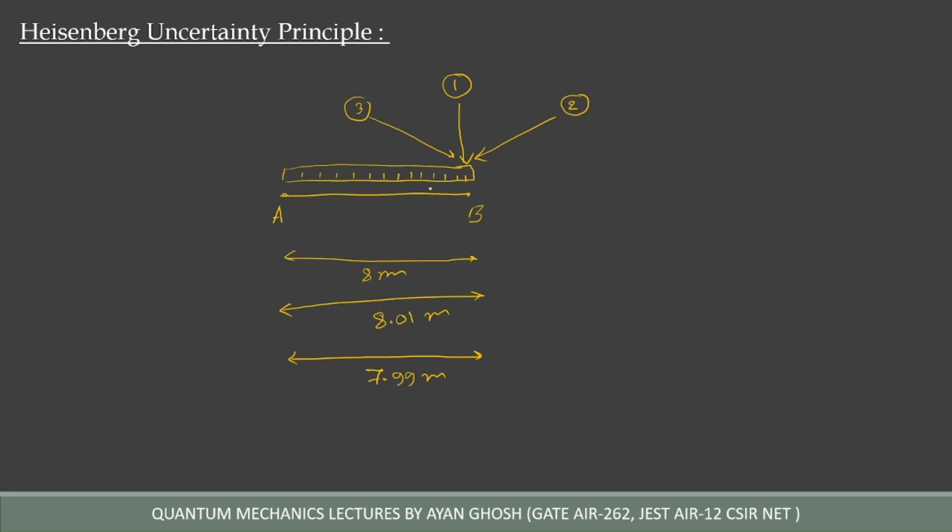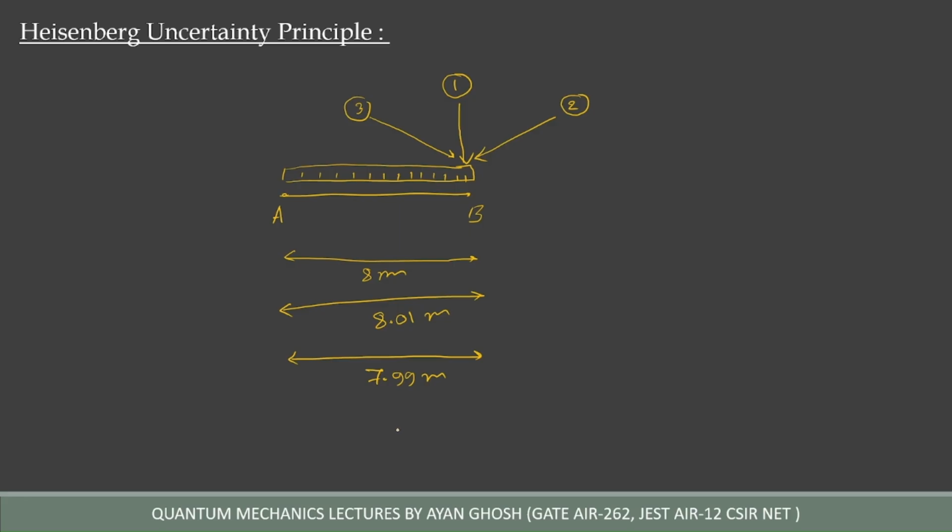So you can see that depending upon the viewpoint, the measurement is changing. Looking from the first point, the measurement gives 8 meter. From the second point, it is about 8.01 meter. And from point number 3, you get 7.99 meter.